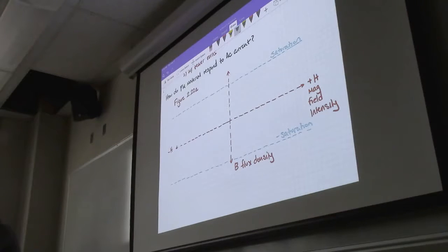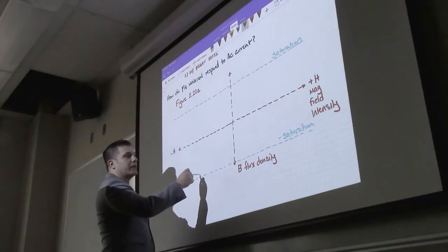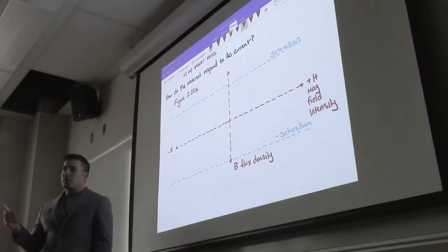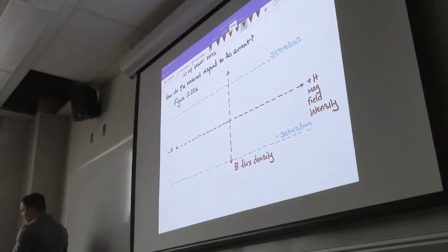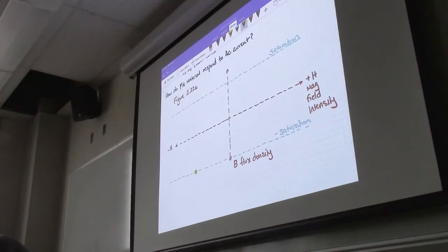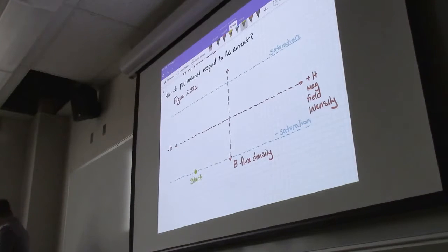And so if we pick a starting point, for example, the hysteresis loop represents essentially a flow of, let's say we start from right here and we increase the magnetic field intensity, what happens to the flux density? So if we start here, I've got to draw this properly.